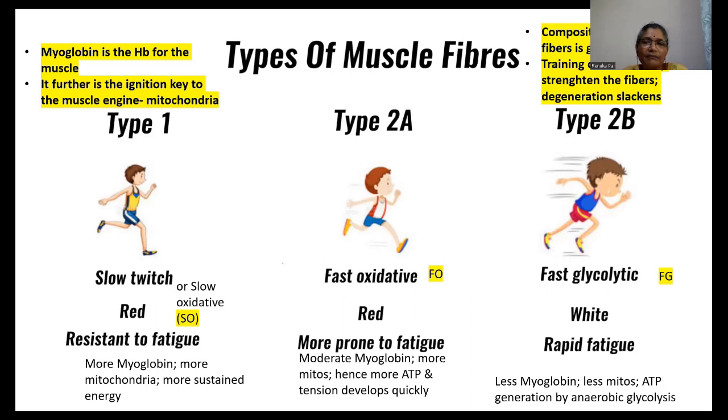The other type of fibers is the type 2B, which are referred to as the fast glycolytic because they have very sparse amount of myoglobin and very sparse amount of mitochondria. So the energy generation takes place by anaerobic glycolysis. This is what comes into action when one is sprinting.